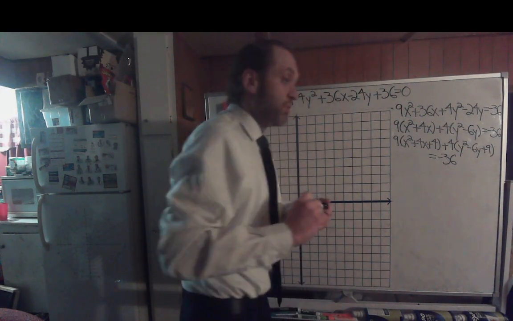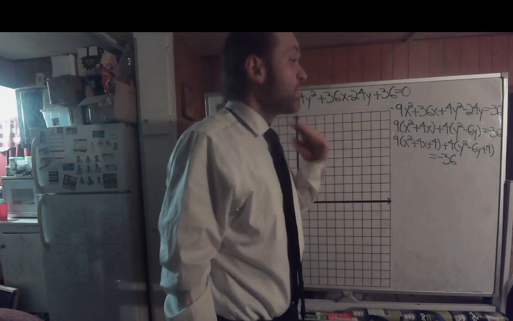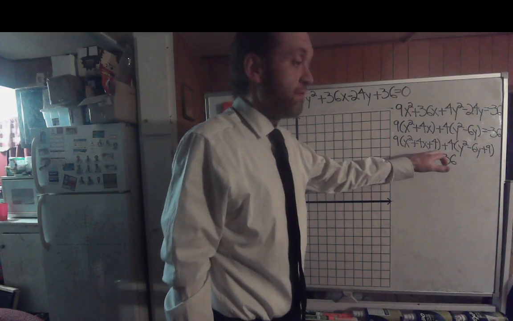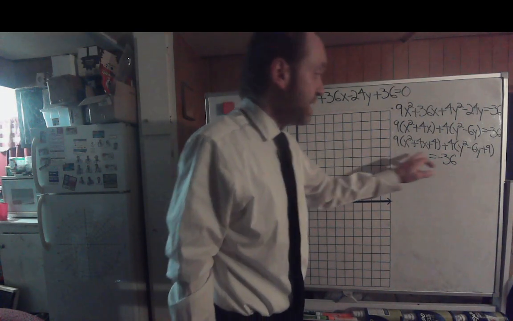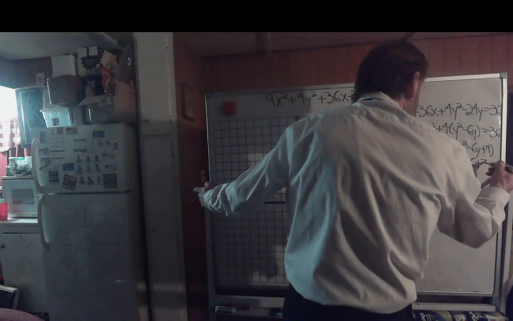That's going to equal negative 36 on the right-hand side. But remember, when you complete the square, you have to add it to both sides. Well, you're not just going to add 4, you're really going to add 9 times 4. What is 9 times 4? That's 36. So you'll add 36 to the right side, plus you're not just going to add 9 from the y, you're going to add 4 times 9, which is also another 36.